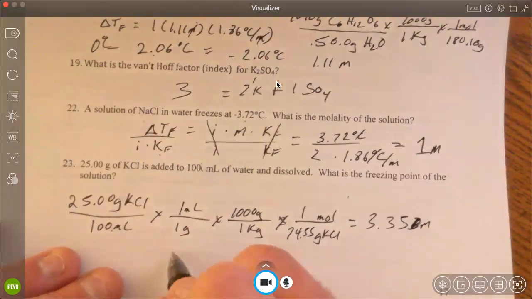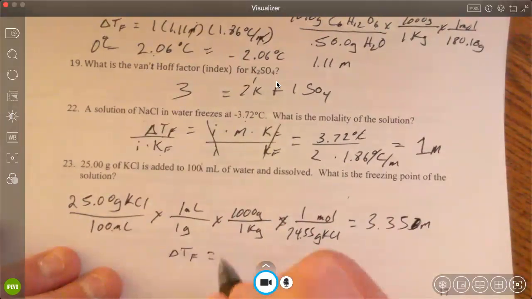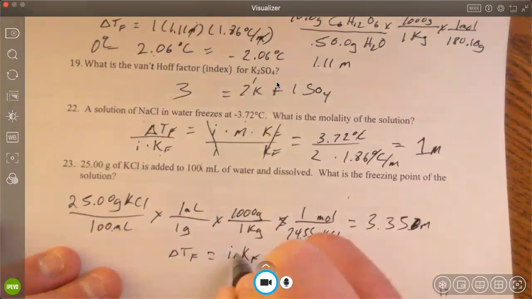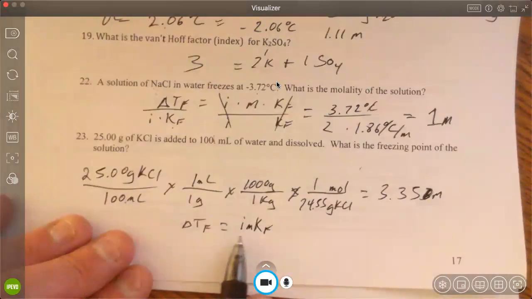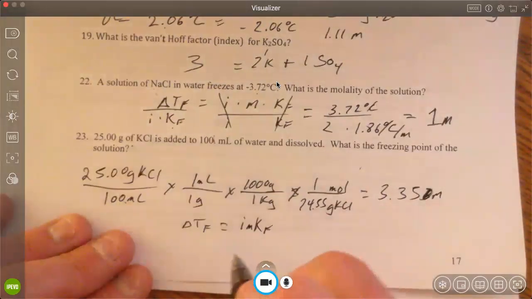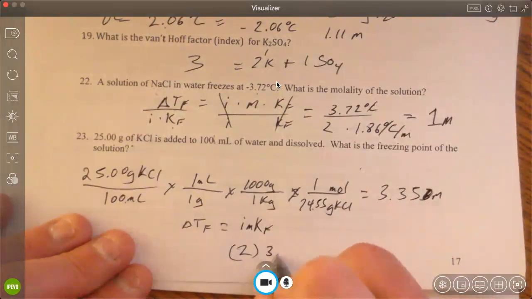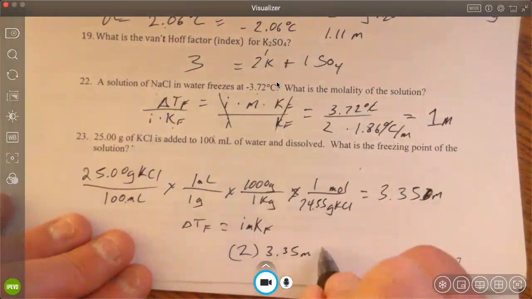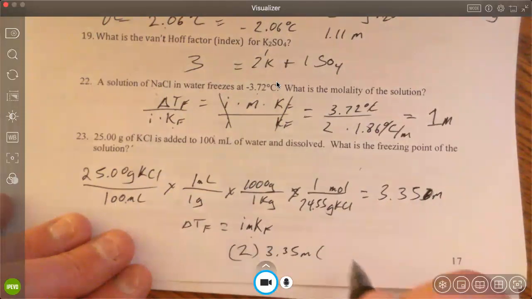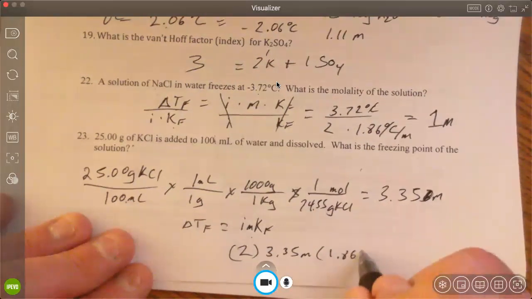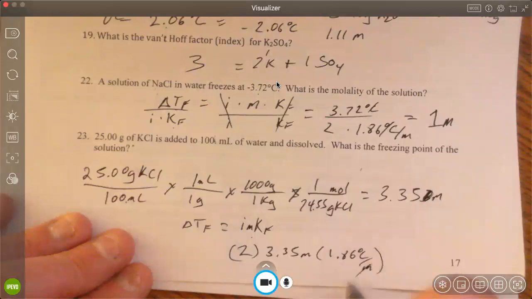So remember, delta T sub F equals I times K sub F times molality. We have the I since it's KCl and that's a potassium, so it's 2. We have the molality, we have it right there, we just solved it. And we have the K sub F because it's a constant, 1.86 degrees Celsius per molal.